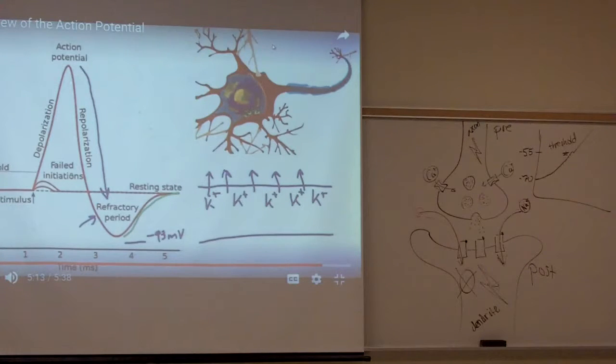So while the depolarization and the repolarization are happening, we wouldn't be able to generate another action potential until we got back to, actually, you know what? You can still generate one right here at this point. But for most of the repolarization phase, you cannot regenerate another action potential.